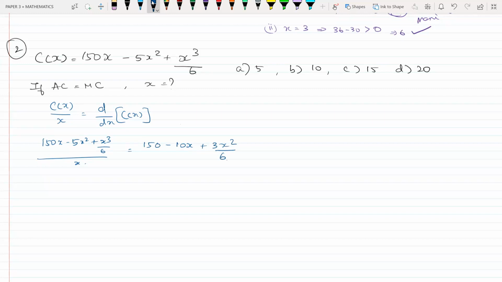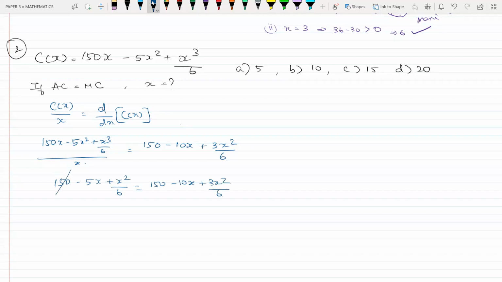3x² by 6. Because as of now, I don't know about this value, so what will I do? I will do 150 minus 5x plus x² by 6 equal to 150 minus 10x plus 3x² by 6.